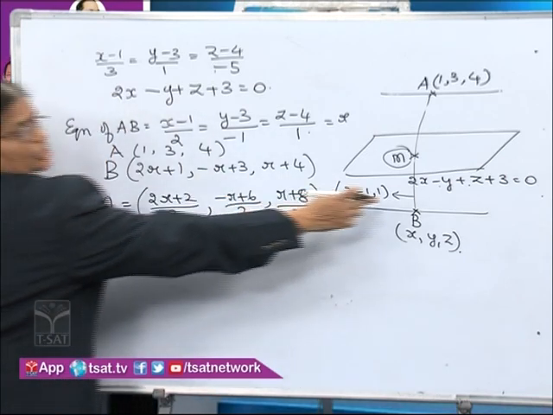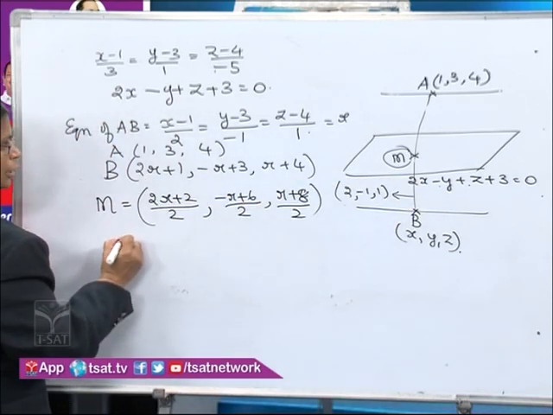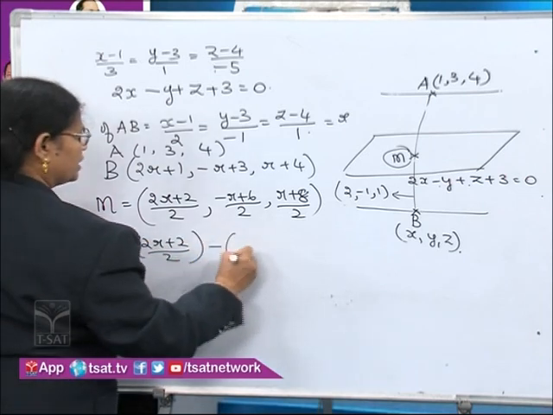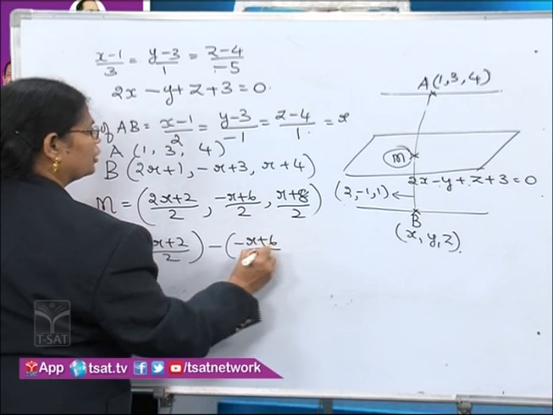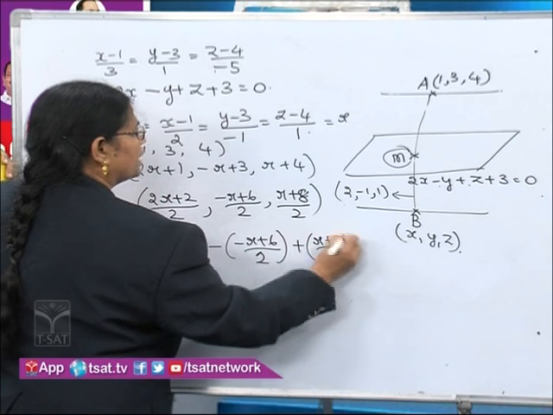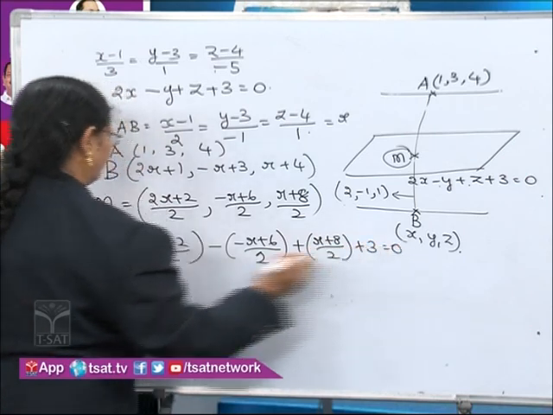This M lies on the plane. Substituting: 2 times (2r + 2)/2 minus of (-r + 6)/2 plus (r + 8)/2 plus 3 equal to 0.